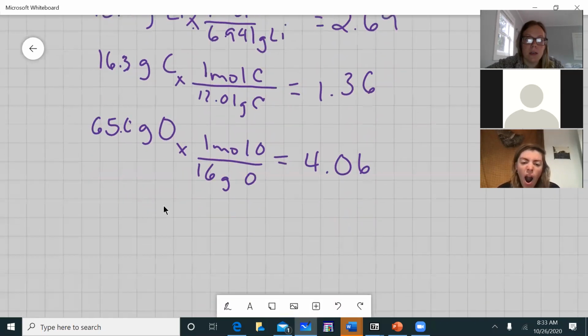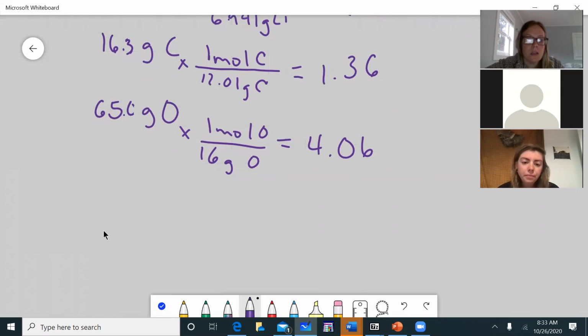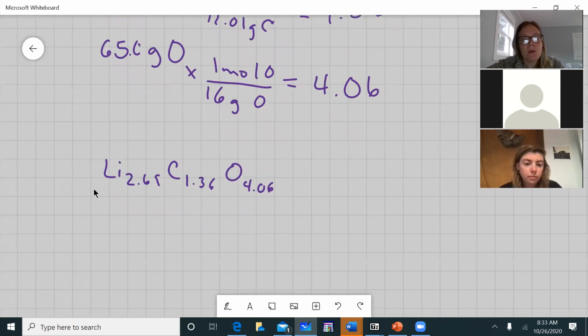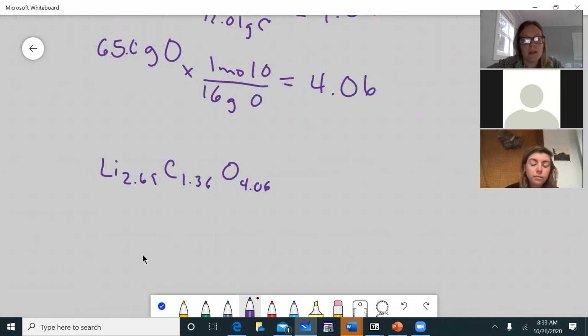All right, so we're going to write our pseudo formula. I've got lithium with 2.69, carbon with 1.36, and oxygen with 4.06. So I divide everything by whatever my smallest number is, 1.36.